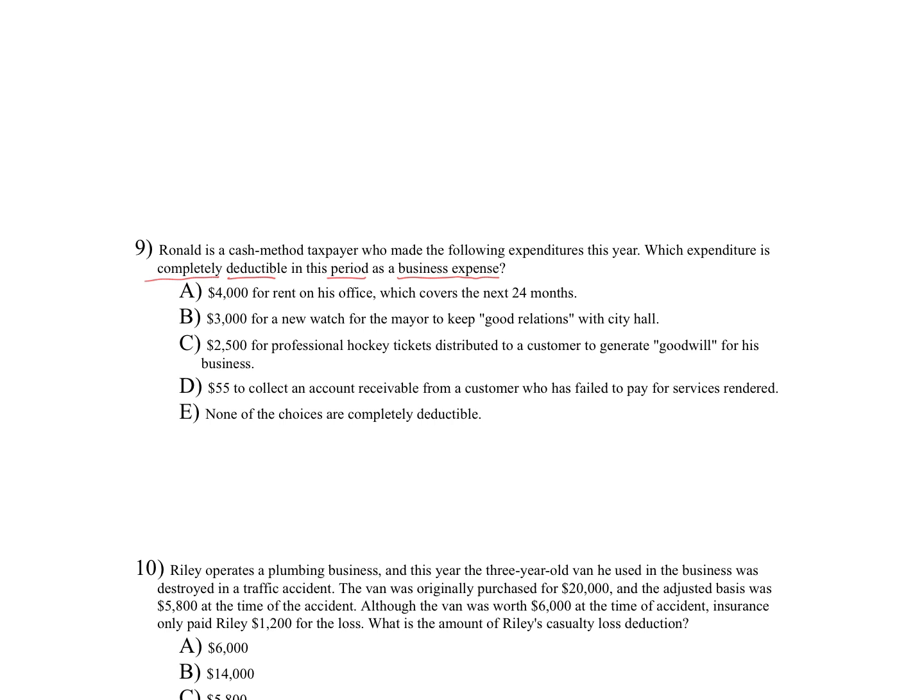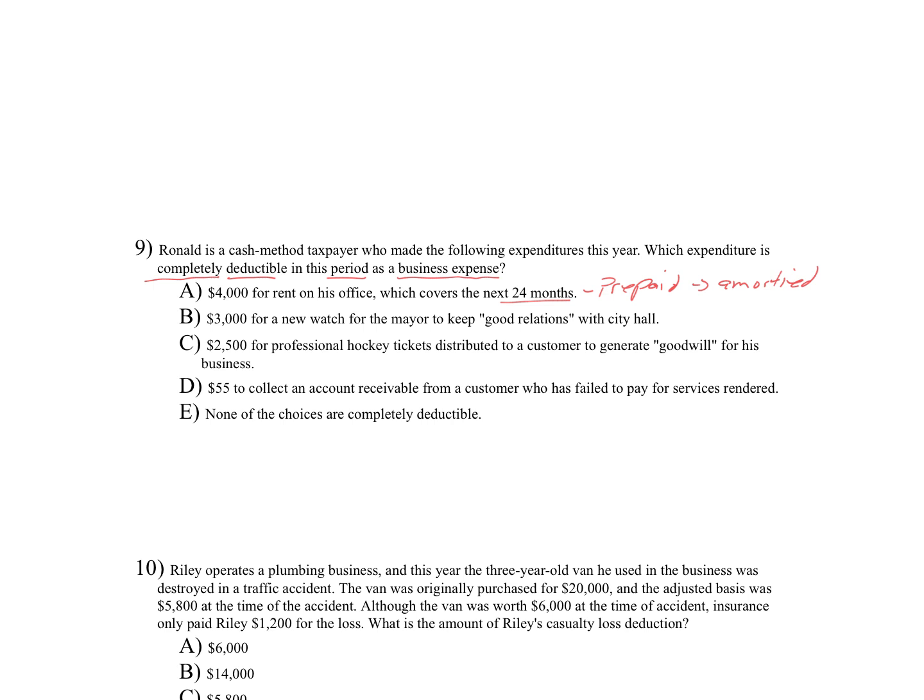Okay, let's look first at the rent. What do we know about this rent? Well, this rent covers 24 months. Okay, so this rent is prepaid, so it must be recognized ratably, or essentially amortized.